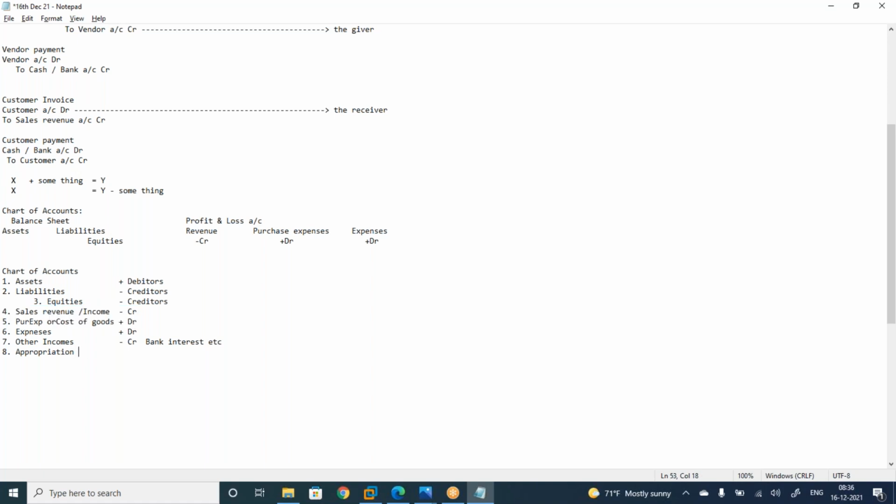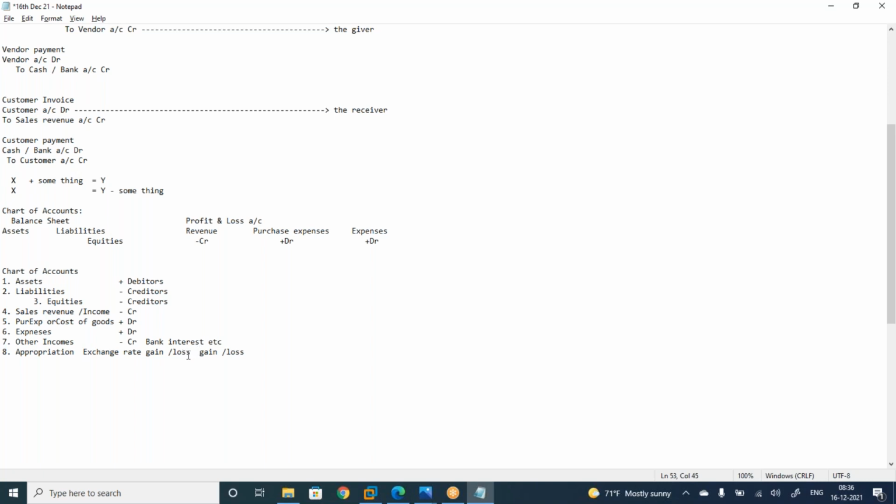Actually, because of exchange rate, you are getting gain or loss. And if because of selling an item you are getting gain or loss, like fixed assets.